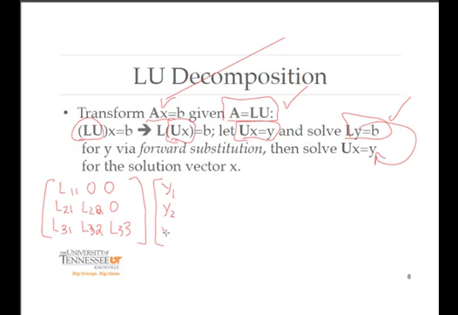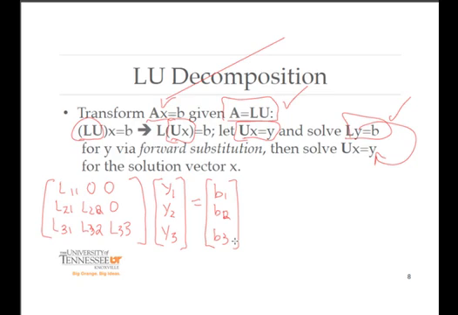So let's represent the y vector this way, and then set that product equal to the original right-hand side. So what we have is a representation of Ly equals B for a 3x3 case.